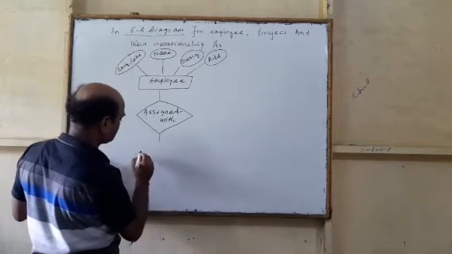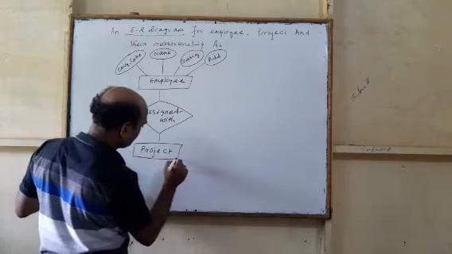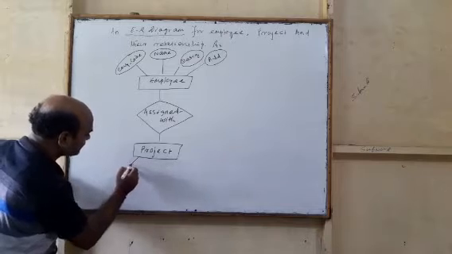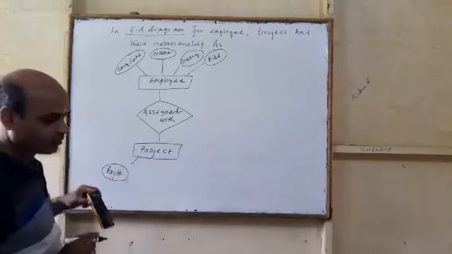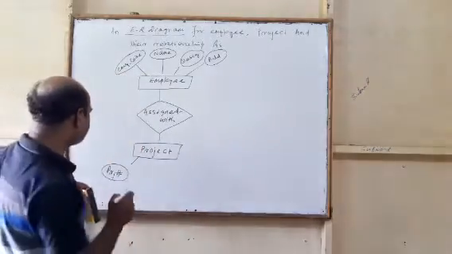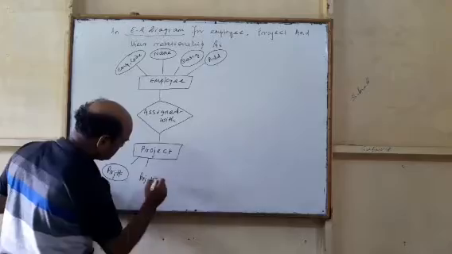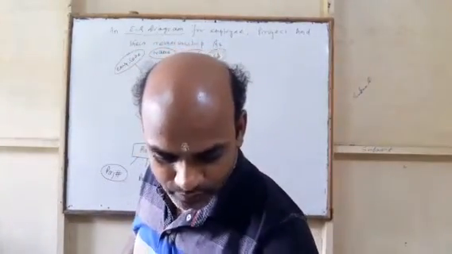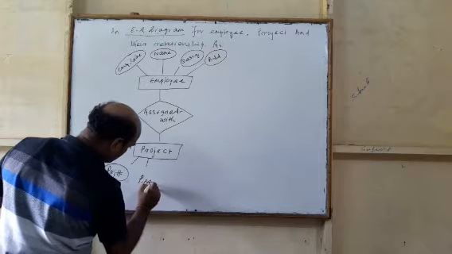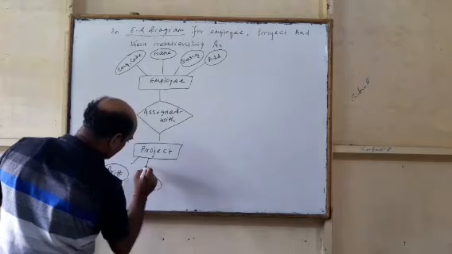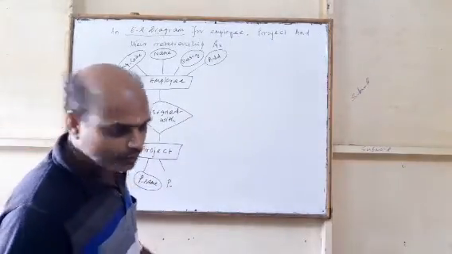And then project, and this project again is described by project code, project name, project duration, project completion, employee code.